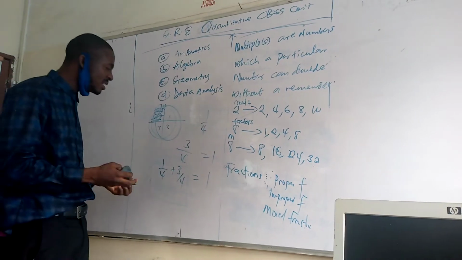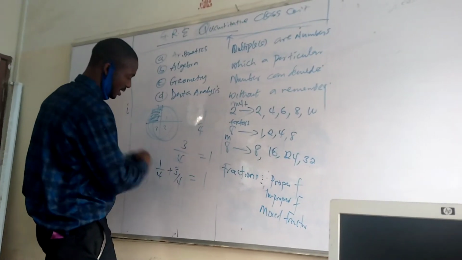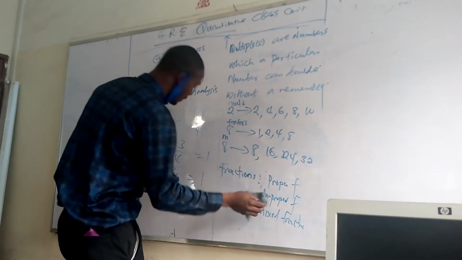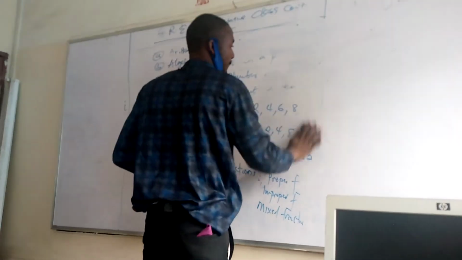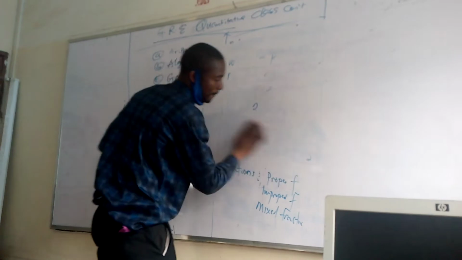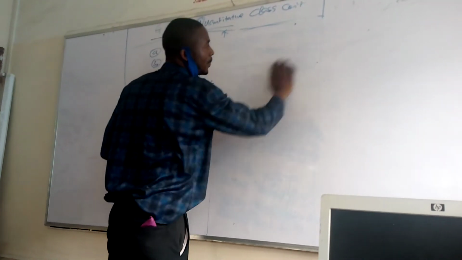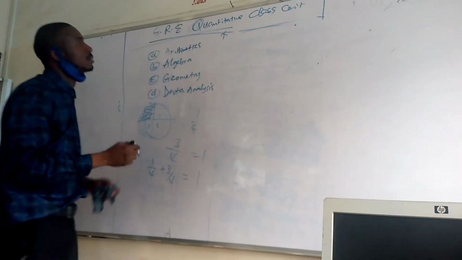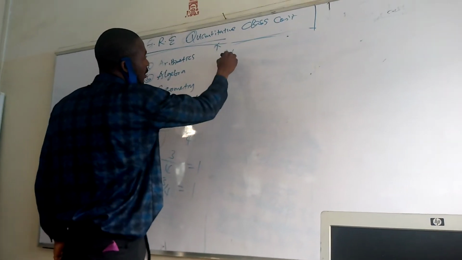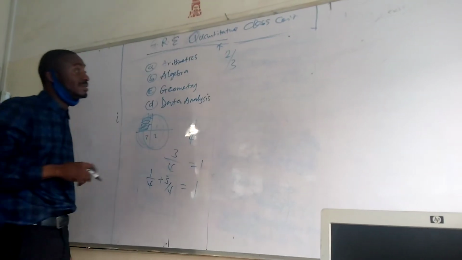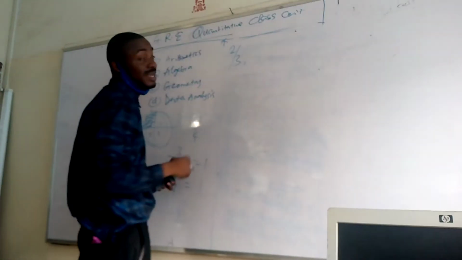So a fraction could be mixed, improper, or proper. For a proper fraction, the numerator is always lesser than the denominator.